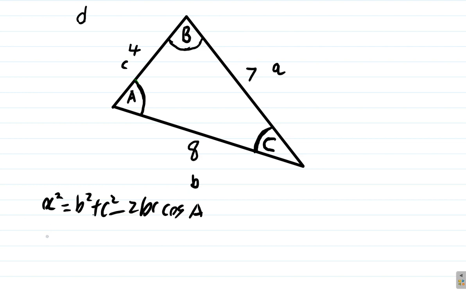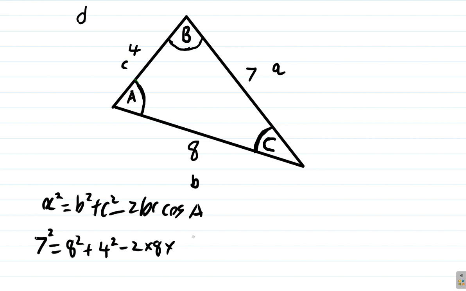So here, a squared, which is 7 squared, equals b squared, which is 8 squared, plus c squared, c is 4, which is 4 squared, minus 2 times b, which is 8, times c. Oh, by the way, pause the video and complete it.